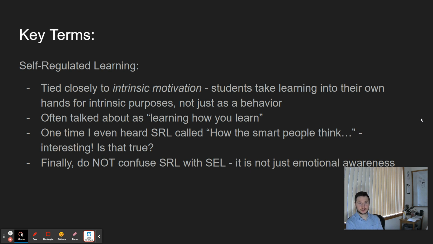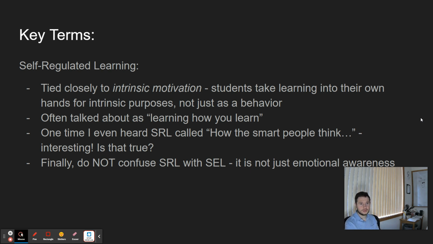Making learning the center of your classroom and the desire to learn the center of your students' goals is the hope of SRL, that students are going to learn because they want to learn, not because they want to earn a grade, not because they want to be eligible, not for a variety of other reasons. They're learning because they want to learn.